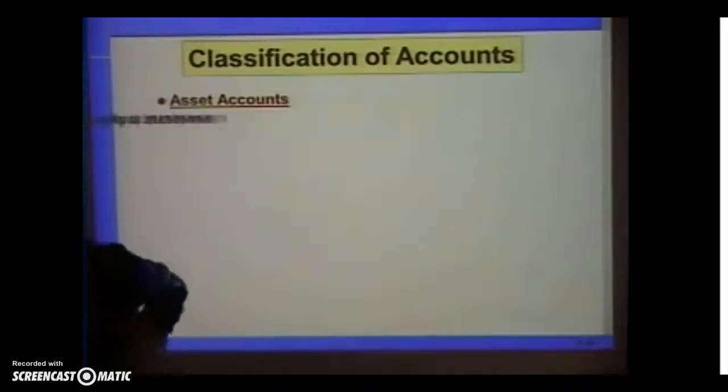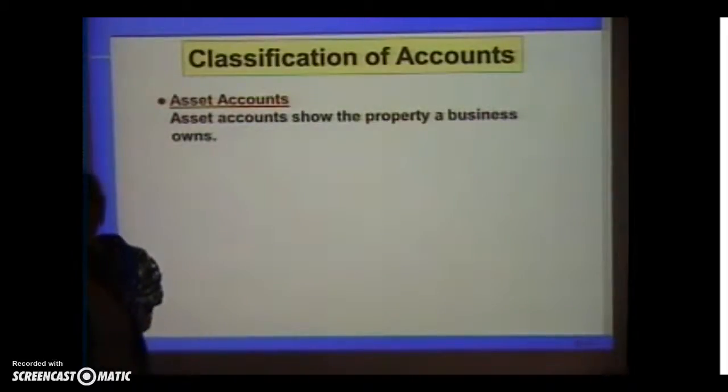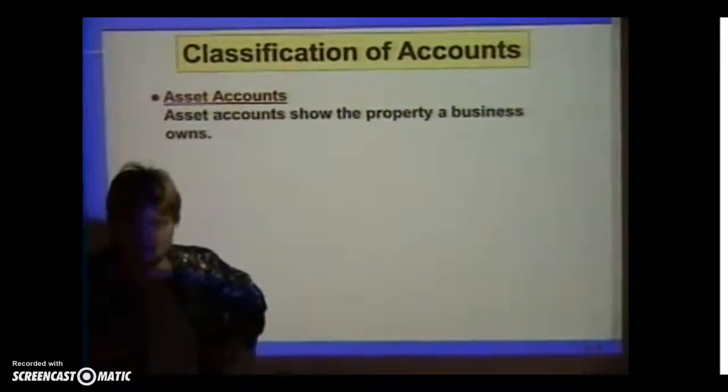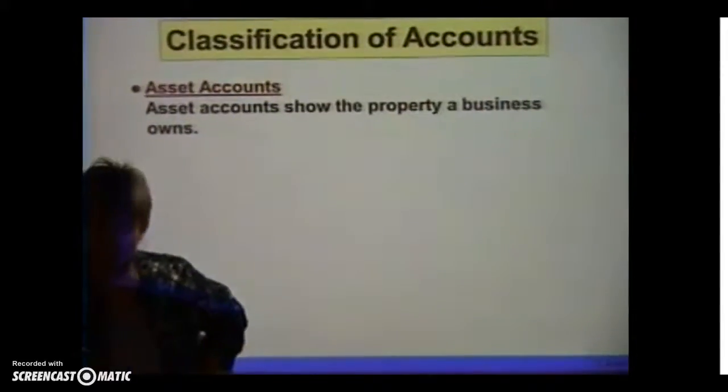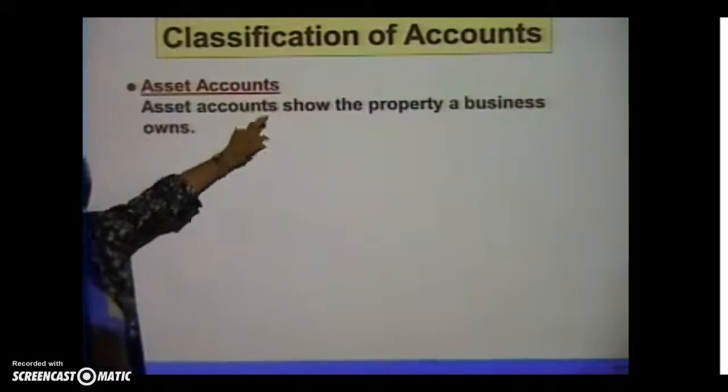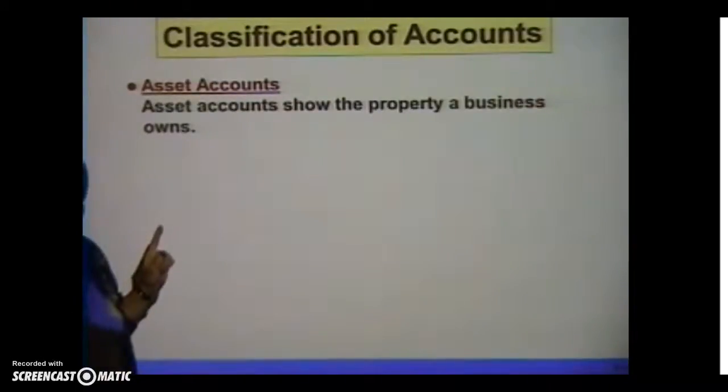Now, we're going to start talking about our classifications of accounts. We've talked somewhat about them. I've been calling them assets, and you've been calling them assets since day one, because we talked about your assets. So, asset accounts, that's one classification.